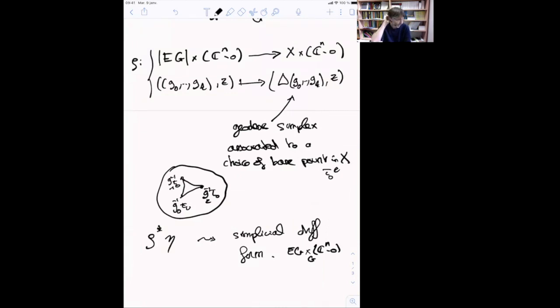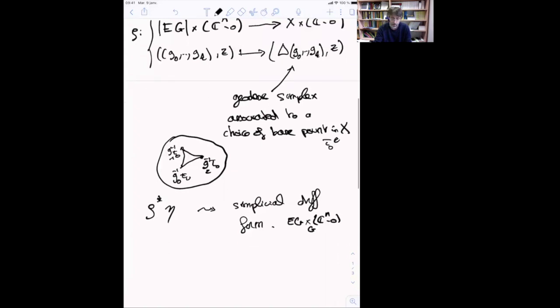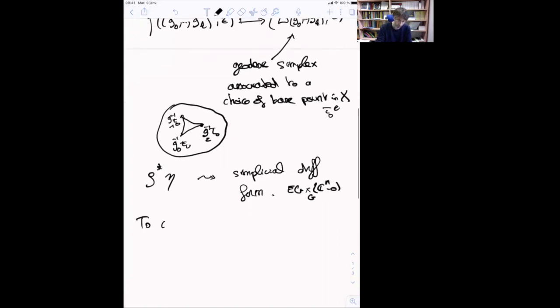So the computations are quite hard to make, and to simplify this, one would like to move the base point to a preferred place, and one wants to move the base point t0 to the boundary at infinity in X.